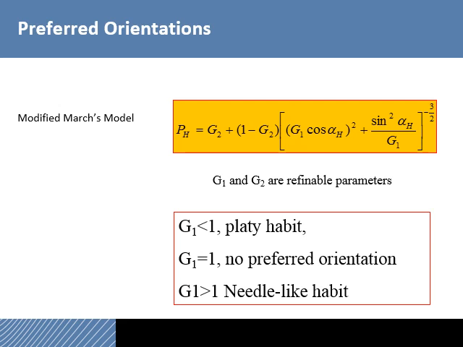When you refine this, this value is going to go up or down, and you'll get an ultimate value. The closer this value is to 1, it suggests that there's no preferred orientation. If the value is substantially less than 1, it supports the idea of a platy habit. Habit means a crystal structure where they form plates. And if this G1 value is much greater than 1, it has a needle-like habit. But just be aware that if you see preferred orientation, you can refine it to help adjust your model to account for it.